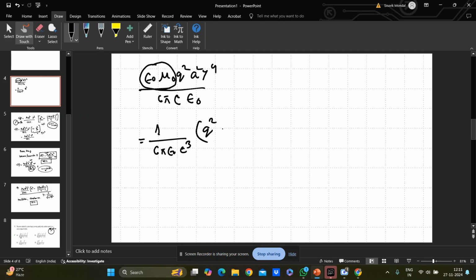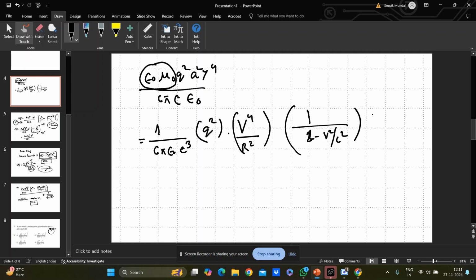Your q square is there, a square is v square by r whole square, so v to the power 4 by r square, this will be your a square. And what is your gamma square? Gamma square is simply 1 by 1 minus v square by c square, that is c square by c square minus v square, so gamma to the power 4 is c square by c square minus v square whole square.